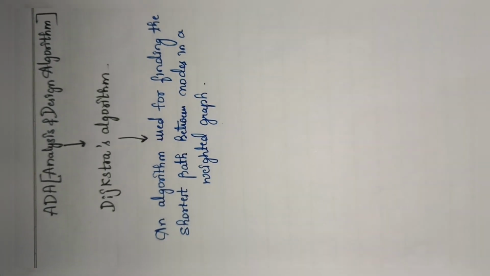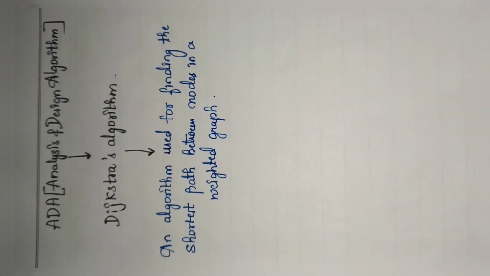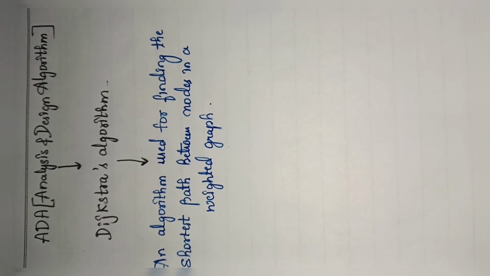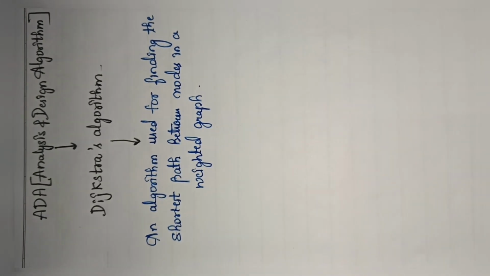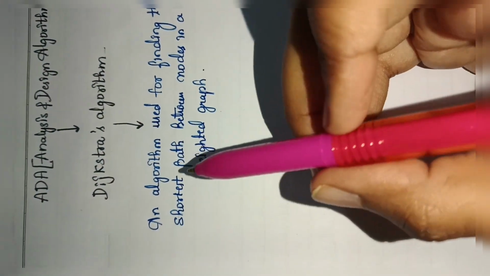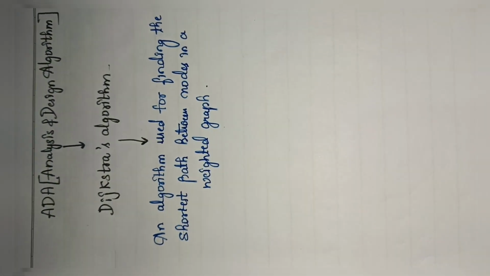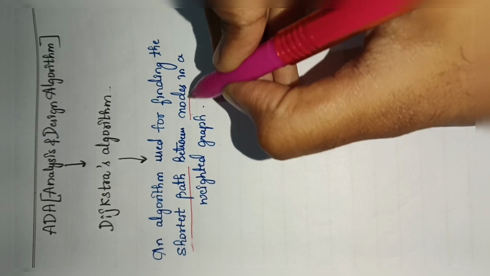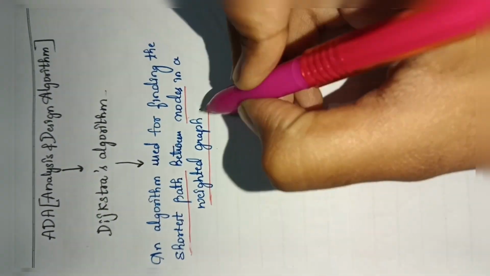So now I'll be explaining about Dijkstra's algorithm in the subject analysis and design of algorithms. So what is Dijkstra's algorithm? It is nothing but an algorithm which is used for finding the shortest path between nodes in a weighted graph.